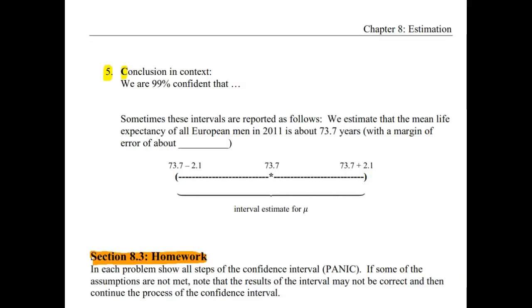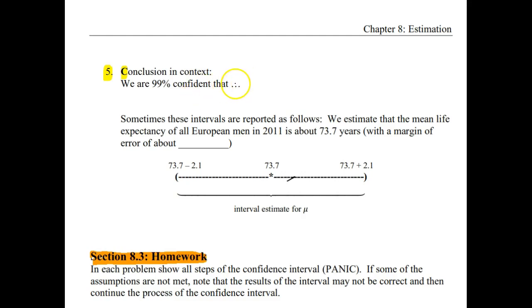So finally, the last letter in PANIC is C, and so we're going to write a conclusion in context with this. And so again, that interval before, we're 99% confident that mu is in that interval, and so we're just going to write in here in context what we defined mu to be at the start of the problem.